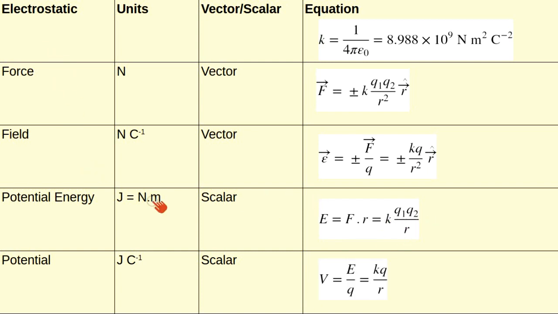And then finally for potential we have a joule per coulomb. So you take the expression here, and this is quite a common one for electrostatics anyway. Voltage is energy per unit charge. So you take the energy here, k q1 q2 over r, and you just divide by a q. So one of the q's drops off, kq over r. Again, it's a scalar, no vector notation.